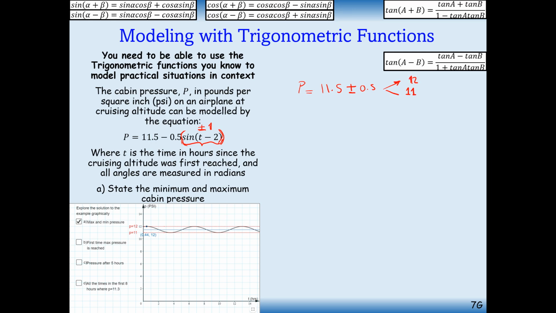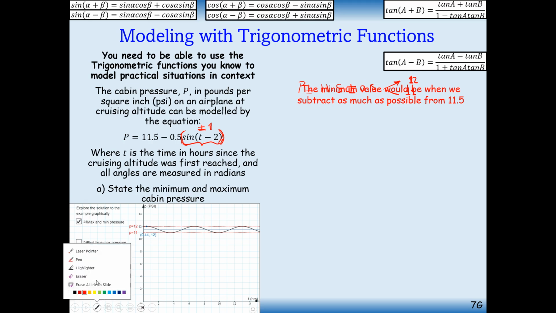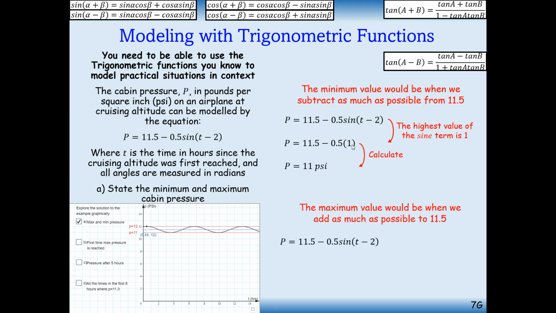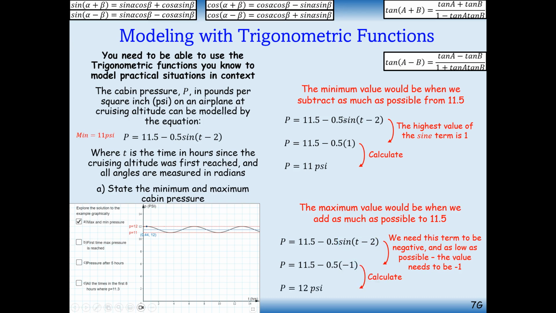Okay, so the minimum is 11 psi and the maximum pressure is 12 psi. So that answers part A of the problem. As I simply put it, we can replace sine with either a plus 1 or a minus 1 in our calculation to get the answer we were looking for.